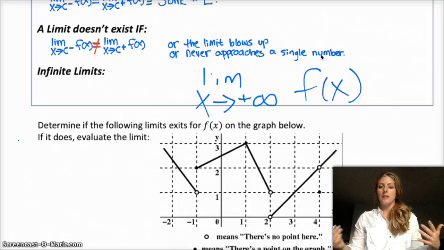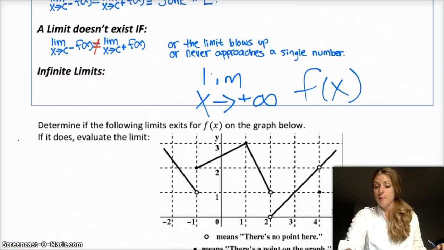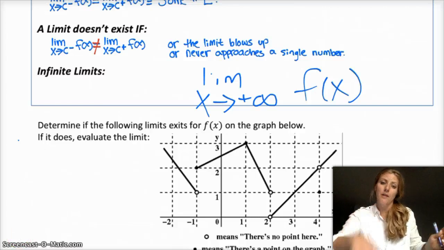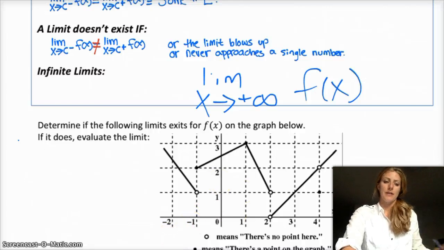Something that will help you figure out what this looks like is you can plug in bigger and bigger numbers for x and see what happens. Tables would help, graphs would also help, and I have an example down below that I think will make that more obvious. This plus is different than that plus. This means from the right, this means positive infinity.